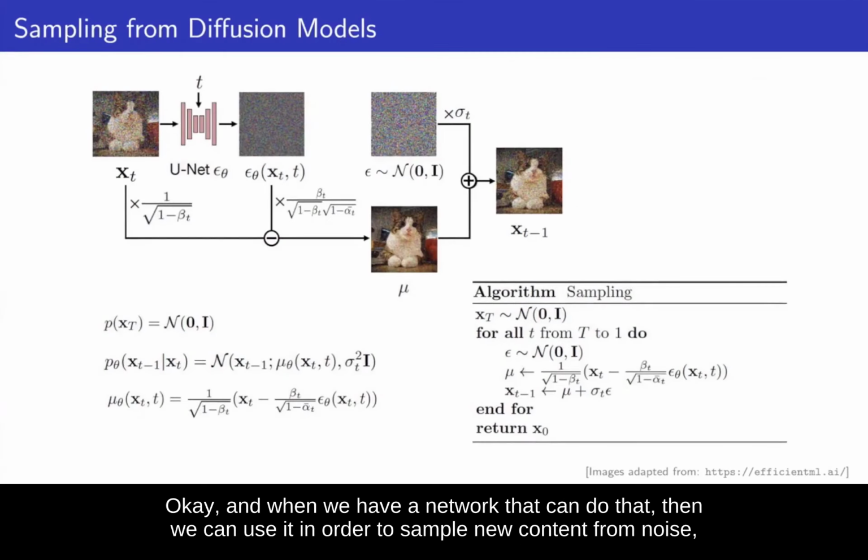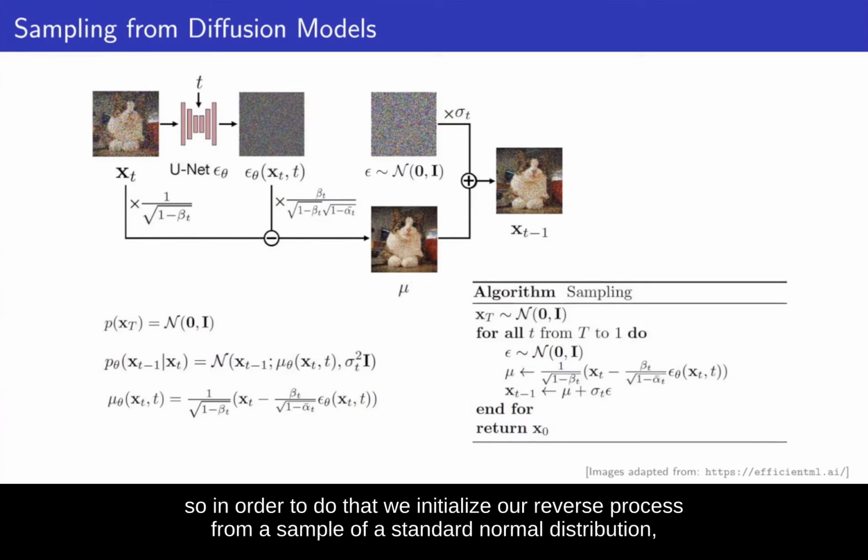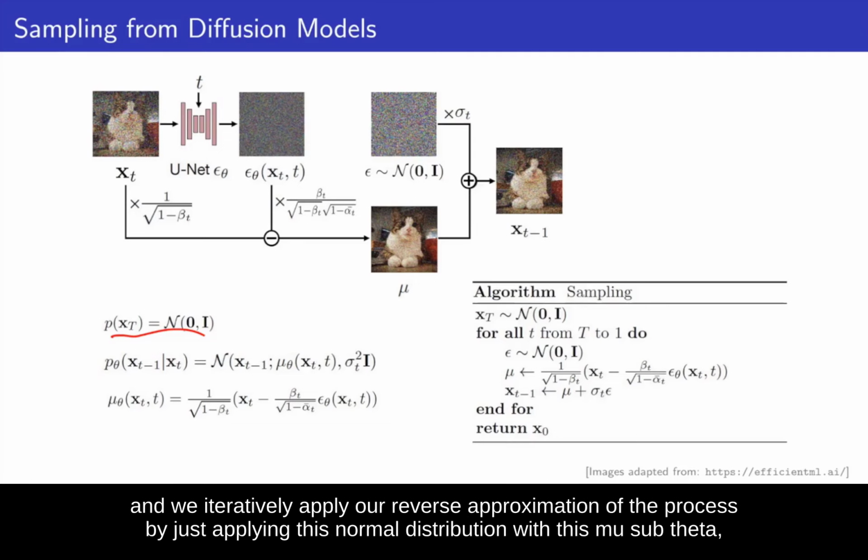Okay, and when we have a network that can do that, then we can use it in order to sample new content from noise. So in order to do that, we initialize our reverse process from a sample of a standard normal distribution, and we iteratively apply our reverse approximation of the process by just applying this normal distribution with this mu sub theta.